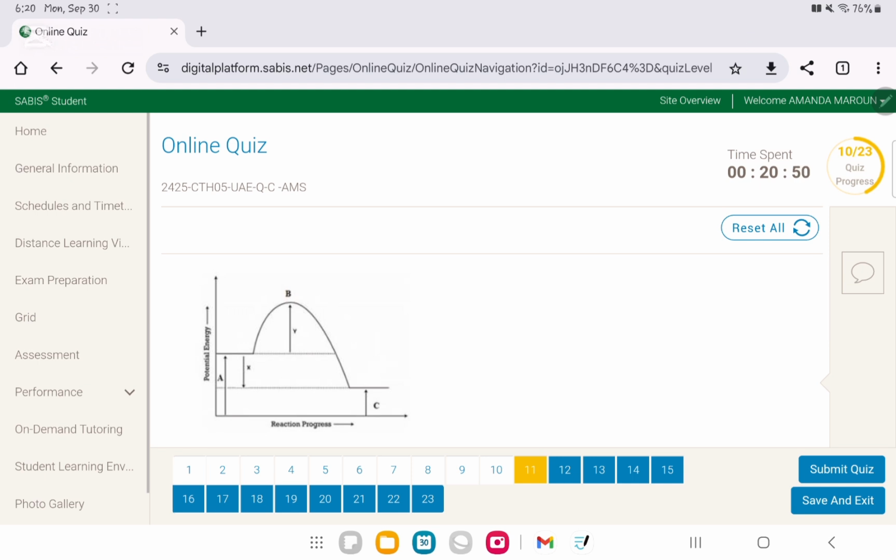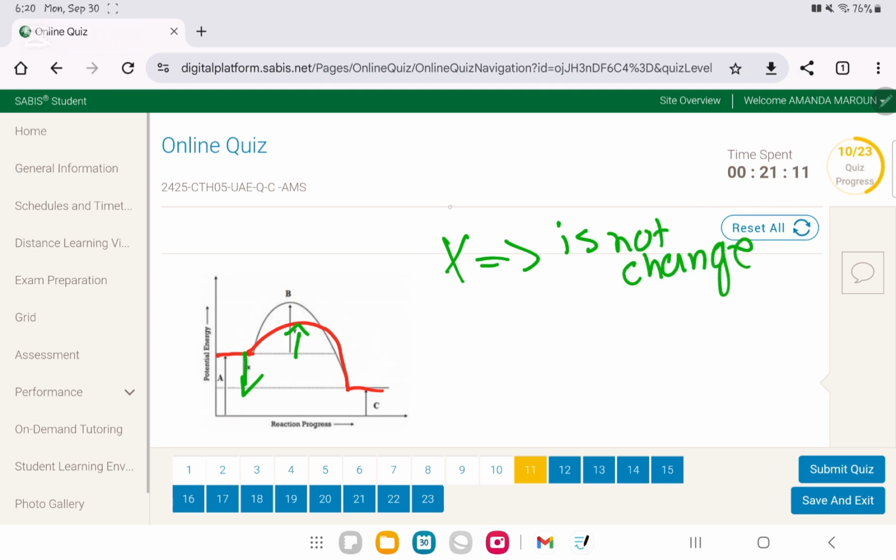What does the catalyst do? The catalyst will keep the reactants here, it will keep the products here, but what will it change? It will change the pathway of the activated complex. So what happens? The Y will become smaller and X stays the same. That means X, which is delta H, is not changed.